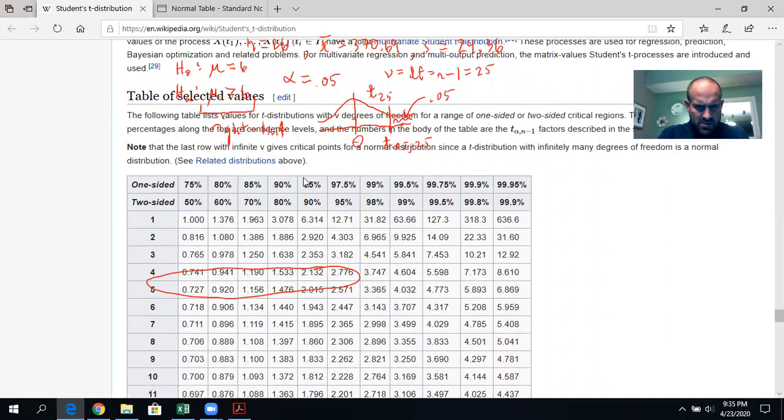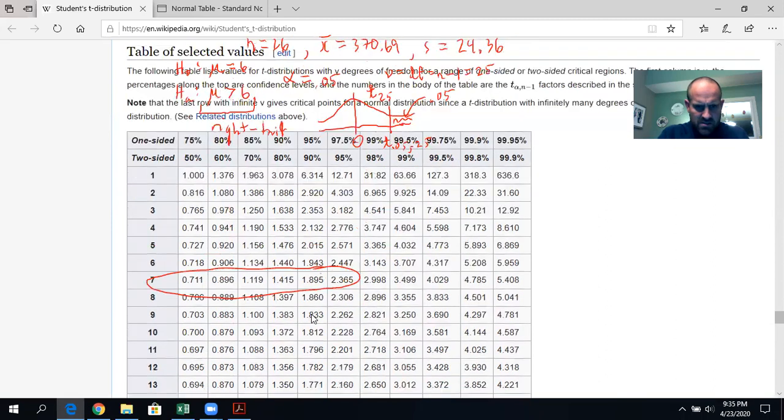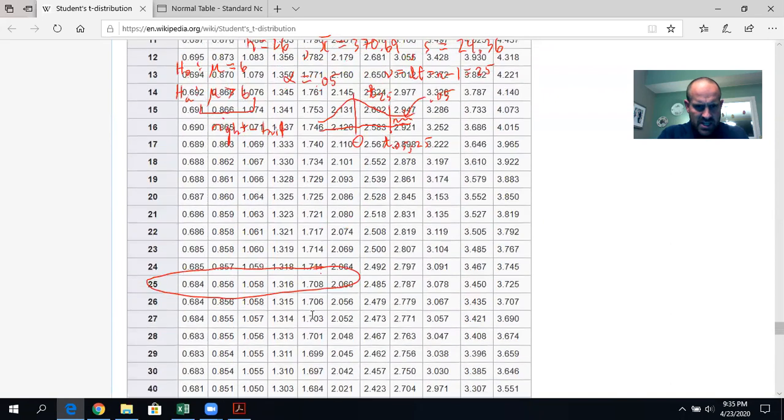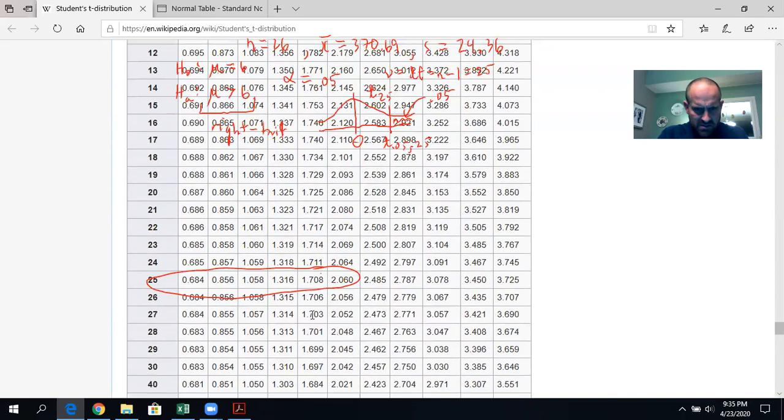So 95% is this column right here. I'm going down, and where's 25? It's right here. So this is 1.708.